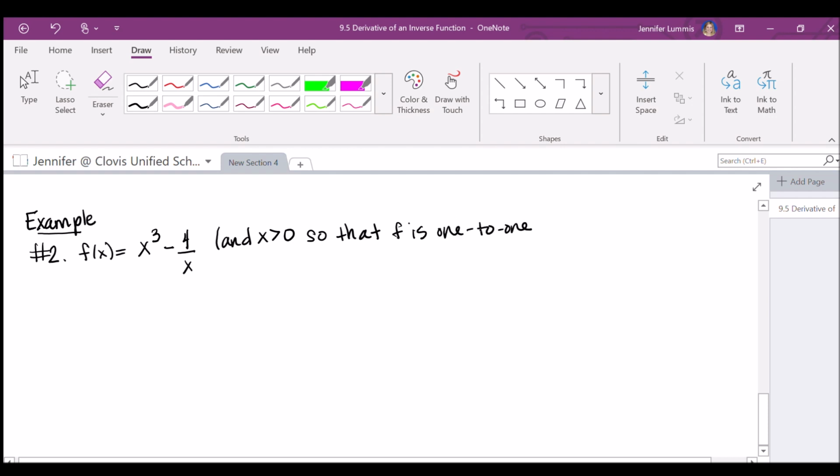That means its inverse is also a function. So we'd like to find g prime of 6, given f and g are inverses.